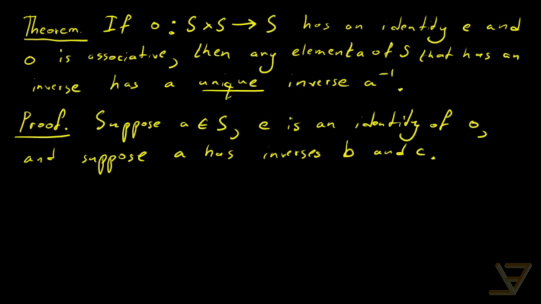The idea is to look at B over A over C. We're going to compute this in two different ways.